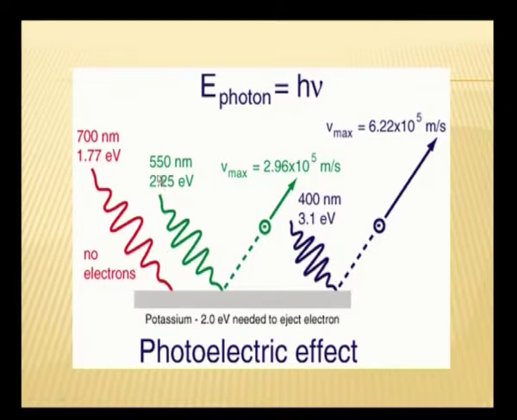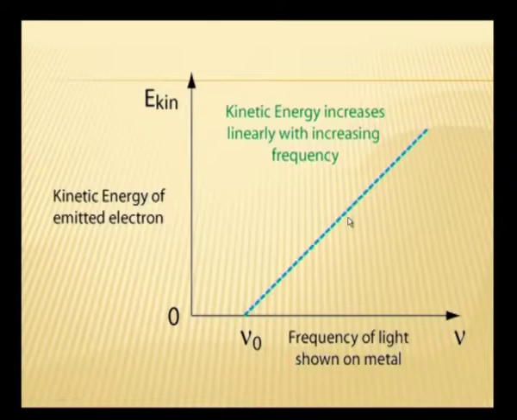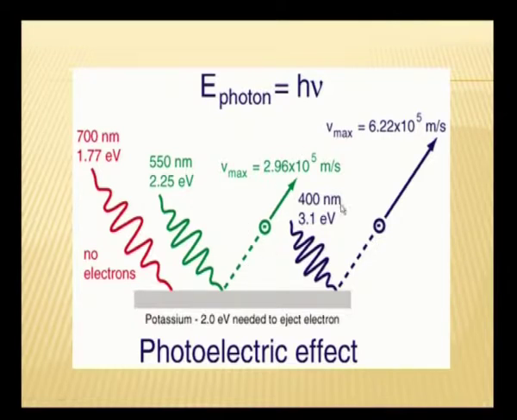When you increase the frequency or decrease the wavelength from 550 nanometer to 400 nanometer, the velocity goes from 2.96 to 6.22. That is what I am showing here once again, right. When you increase the frequency, the energy with which the electrons are coming becomes larger and larger.